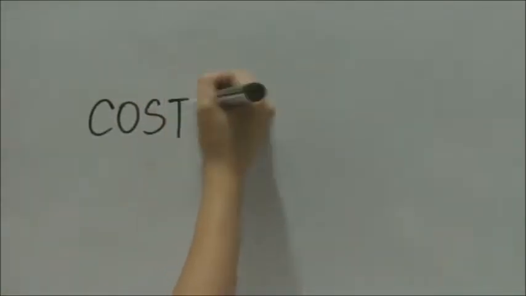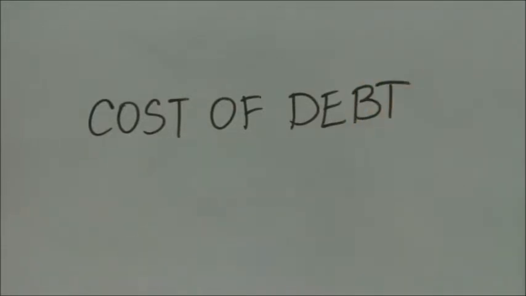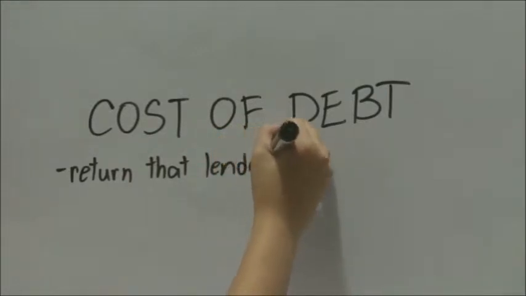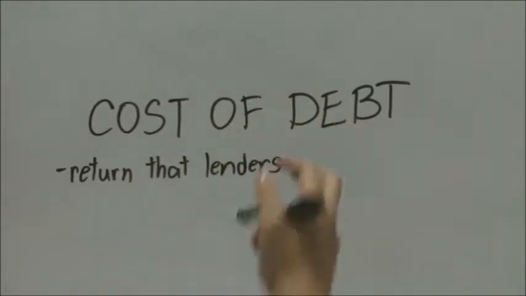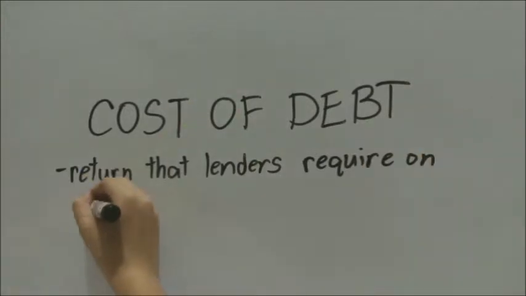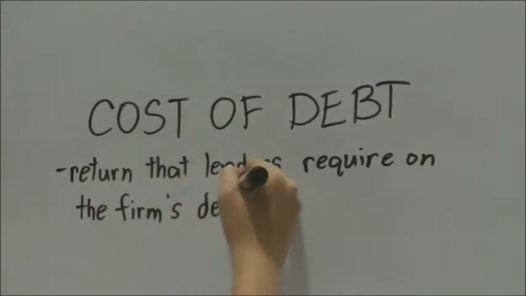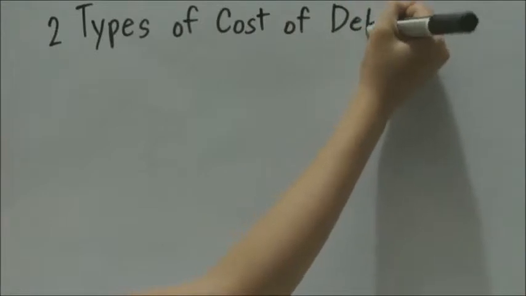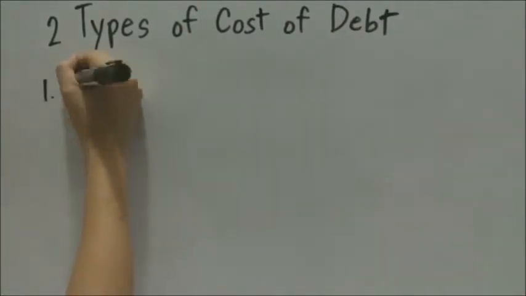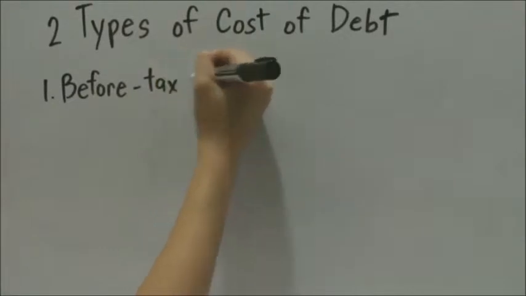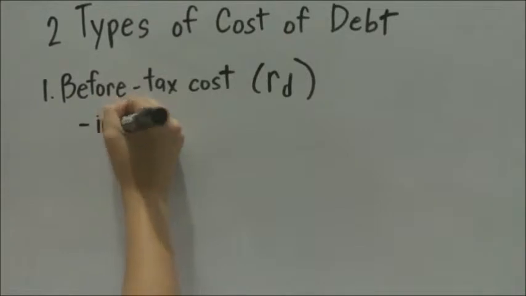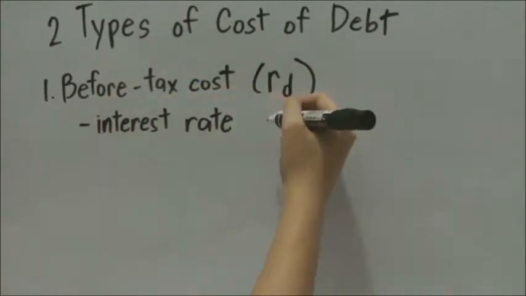Now we move on to the cost of debt. It is defined as the return that lenders require on the firm's debt. There are two types of cost of debt that we must know. First is the before-tax cost of debt, RD, which is the interest rate a firm must pay on its new debt.